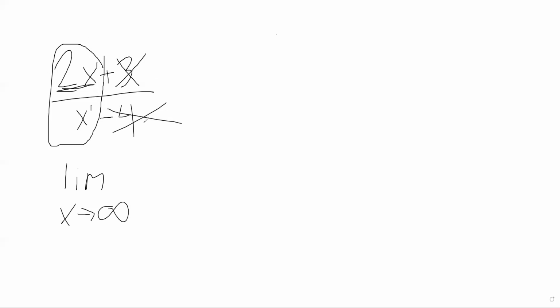So 20 million divided by 10 million is going to give you 2. Easier way to do that, 2 divided by 1 is going to give you 2. So that's the rule for if the exponents for the biggest x value are the same. So let's see what it's going to be like when it's different.